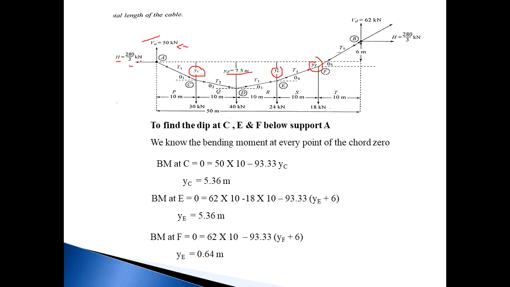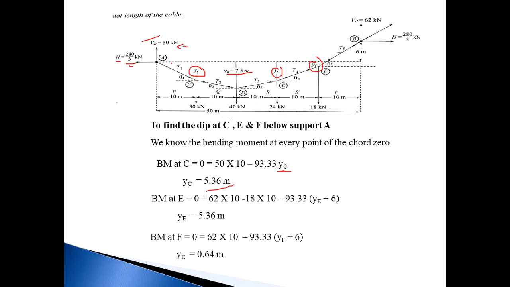And the direction of the moment for H is anti-clockwise, so minus 93.33 is the force, and perpendicular distance is YC. So bending moment at C is equal to 0. So 50 into 10 minus 93.33 into YC. In this equation, the unknown term is only YC. By solving this equation, we got YC is equal to 5.36 meter.